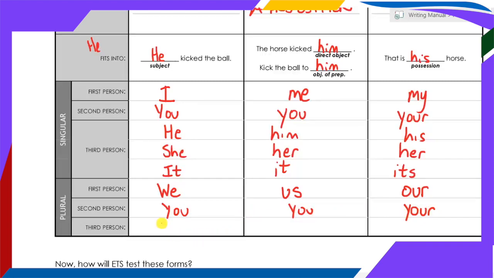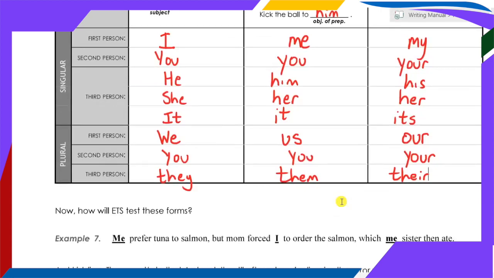And then finally we have third person plural subject, which would be they. They kicked the ball, the horse kicked them, and that is their, T-H-E-I-R, is the possessive form of that third person plural pronoun. Those are pretty much all of the pronouns you're going to need to know.